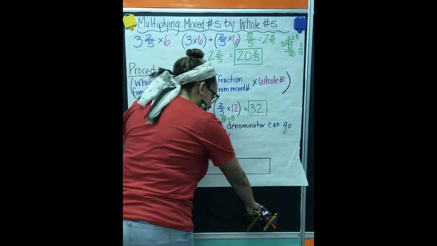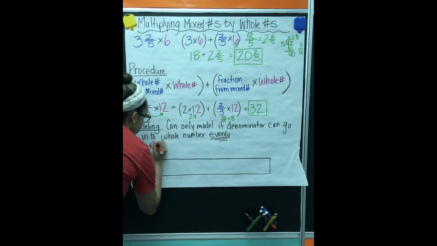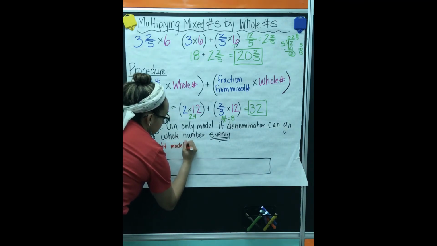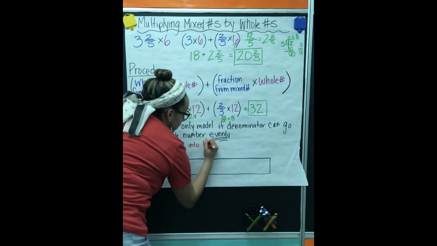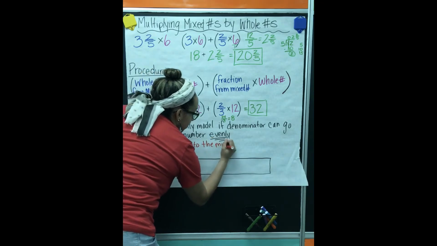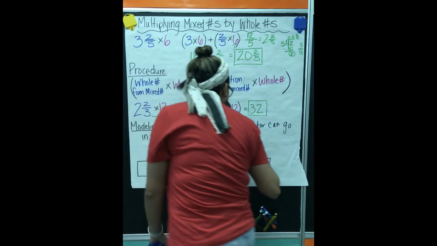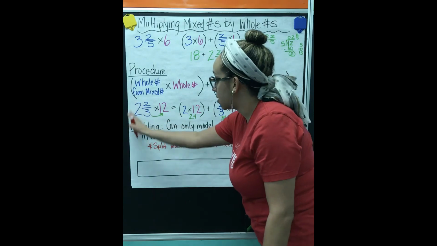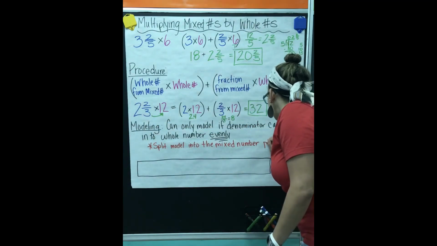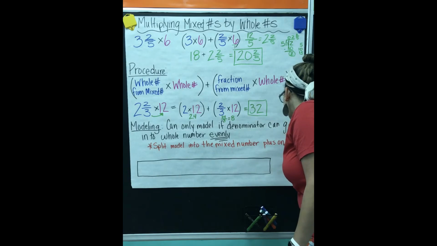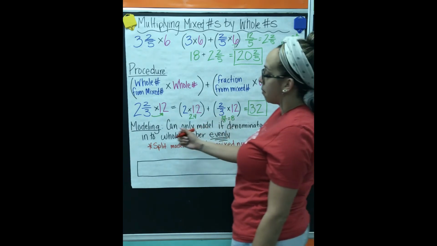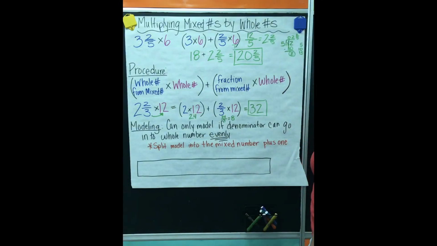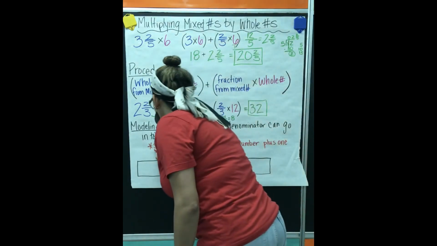So something we have to keep in mind is that we are going to split our model into the whole number from the mixed number plus 1. So we're going to split our model into 2 plus 1. What's 2 plus 1? 3.